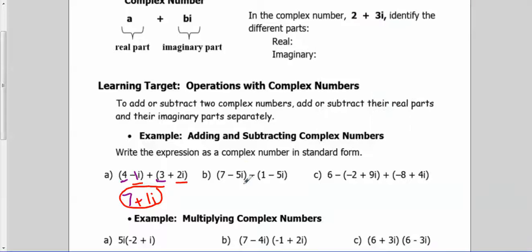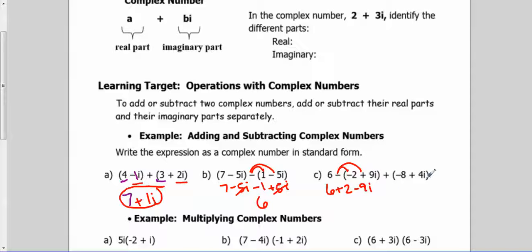Okay, when you subtract, remember to distribute the minus to each term. So I have 7 minus 5i minus 1, and then minus minus makes this plus 5i. So my negative 5i, my positive 5i cancel out, and it's just 7 minus 1, which is 6. All right, and this one is just a longer problem, but the same idea. Distribute the minus to each of these. So it's 6 plus 2 minus 9i.